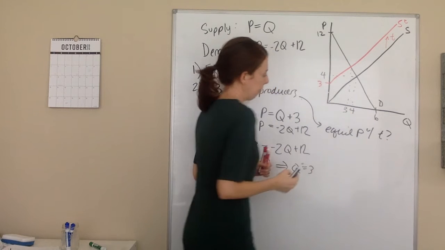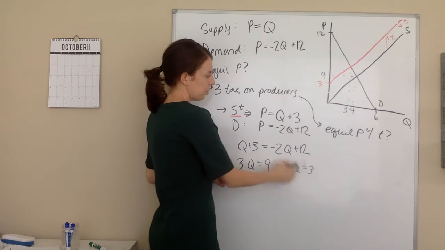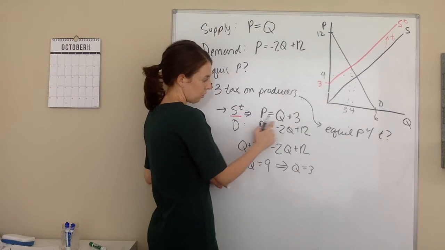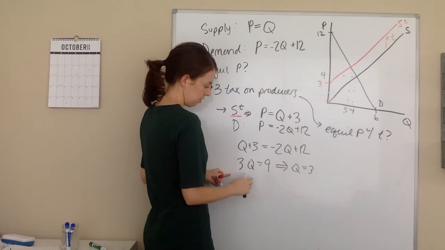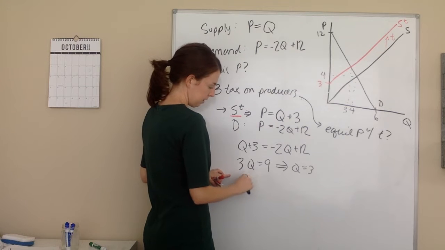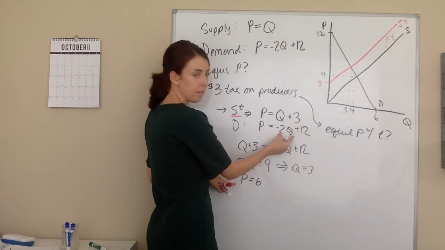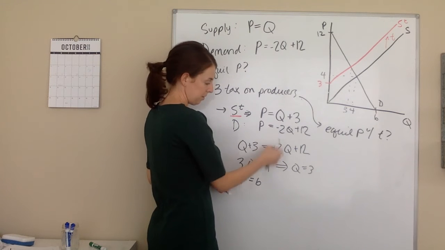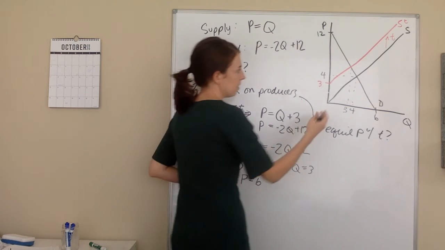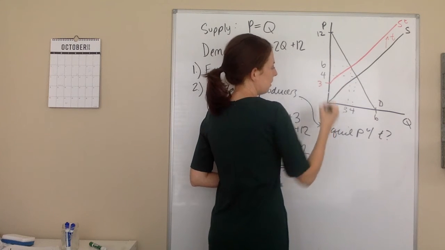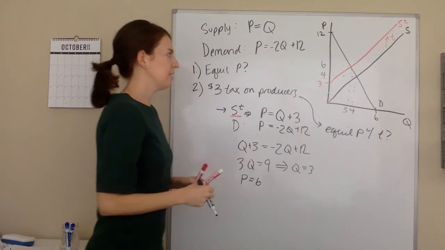If you take this 3 and plug it into either this equation or this equation, it will give you the same P. So if you plug in 3 here, then you get the price equals 6. If you plug in a 3 here, it'll be negative 6 plus positive 12, that'll be 6 again. So the new equilibrium price with the tax is 6.